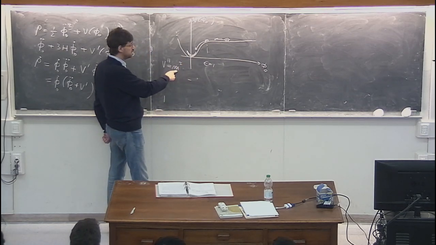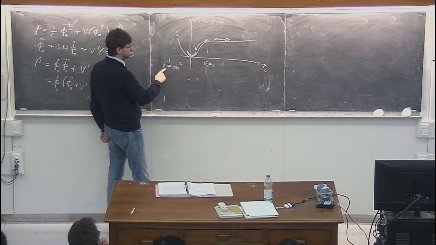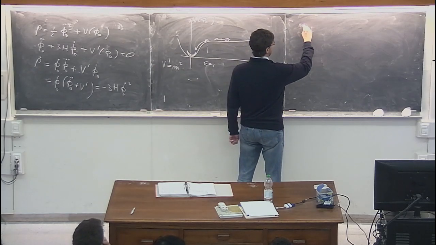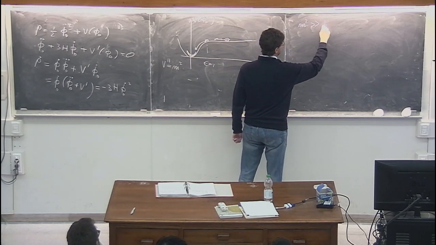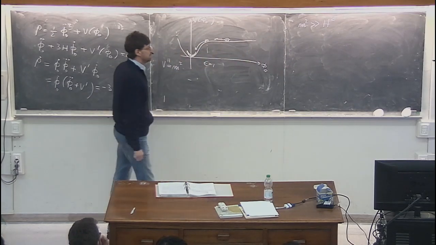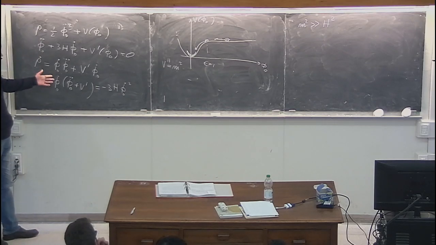So this is the mass squared, the second derivative of the potential around the minimum. Let me assume that this m squared is always much larger than the Hubble rate squared. This assumption is usually very good in all models of inflation.